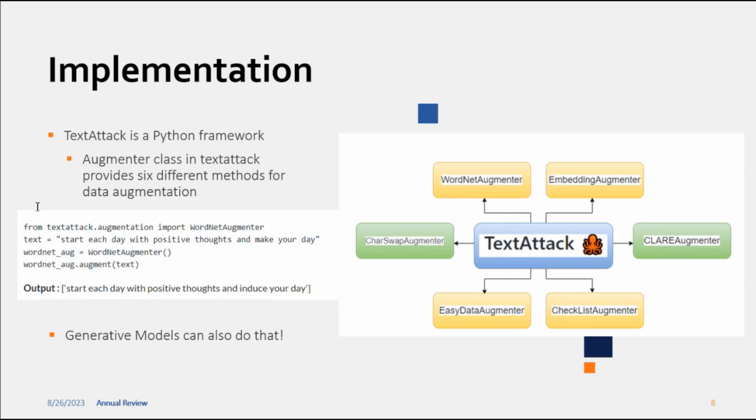You can write a Python script that will run on your whole data set. It's not a complex task to implement, but selecting and finding the best technique for your data set is more important.